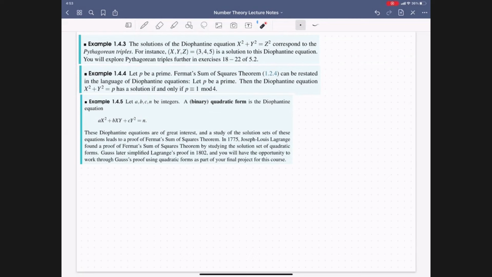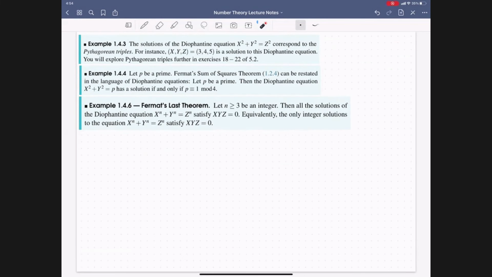And one of the final projects for the course is actually going to investigate binary quadratic forms in more generality. And just notice that its connection to Fermat's sums of squares comes from the fact that if we take a to be 1, c to be 1, b to be 0, and n to be p, then we are back in the setting of Fermat's sums of squares theorem. And so this is a topic that you can investigate further.